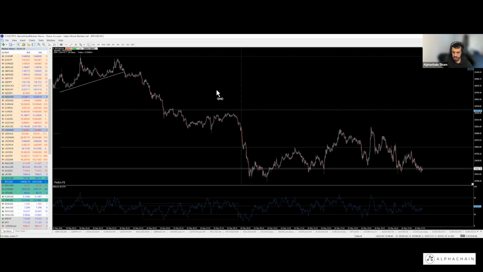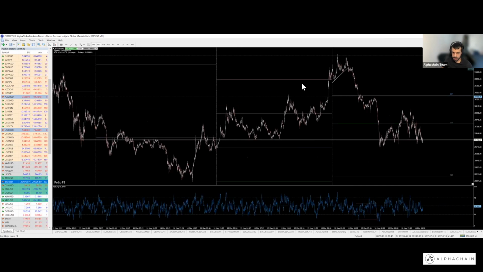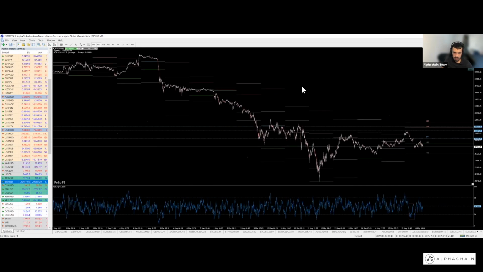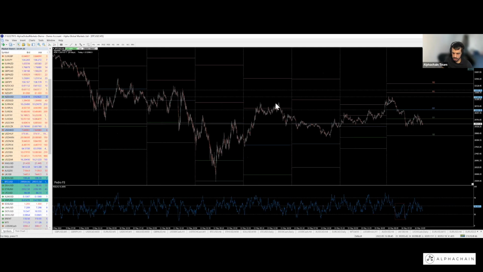Maybe that's not really necessary. So this was the story that I was saying before. We have this double top in here, liquidity. We have this level. This is one of the highs that price can react from, and that's exactly what we have, right? So price came all the way up in here, and now price kind of reversed.